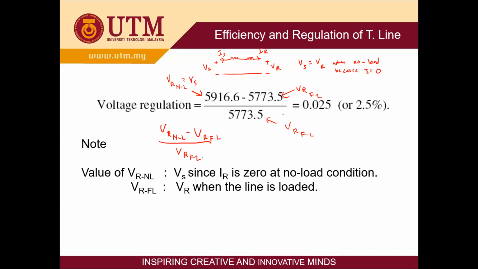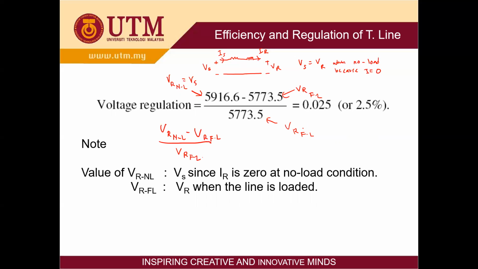So you calculate and you will find that the voltage regulation is around 2.5%. So this is very small, and as you can see, there is no large difference from no load to full load, meaning that this power transmission line has a very good voltage regulation, meaning that the difference between no load and full load is very small.